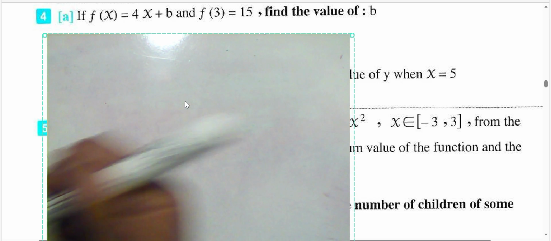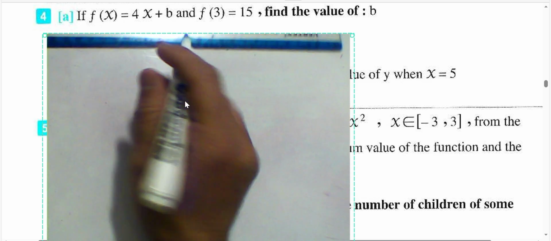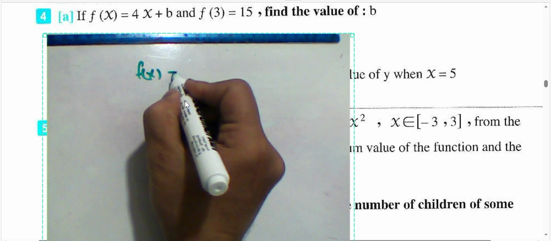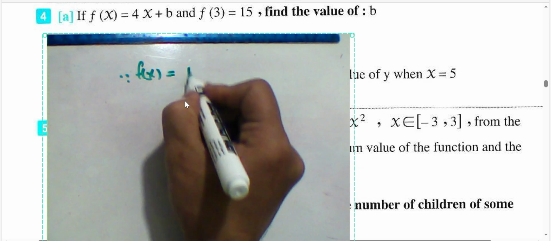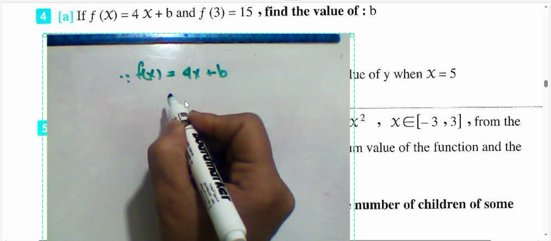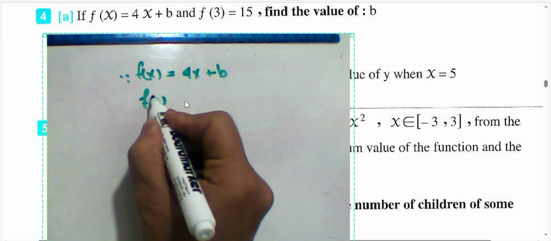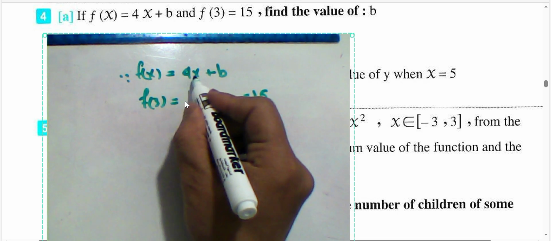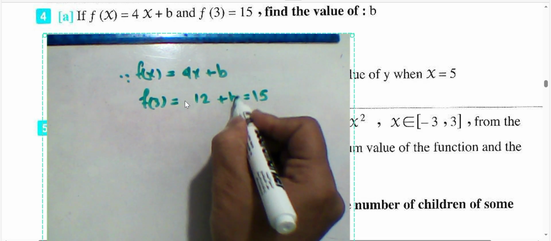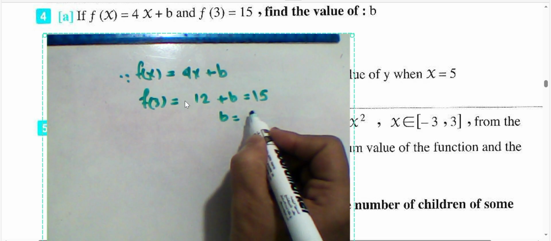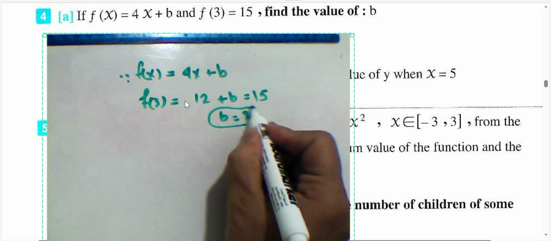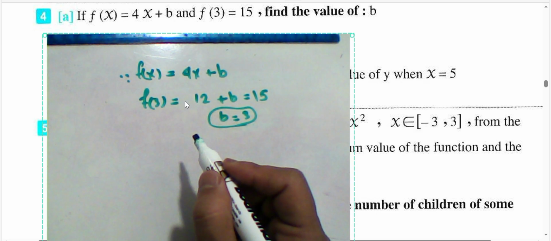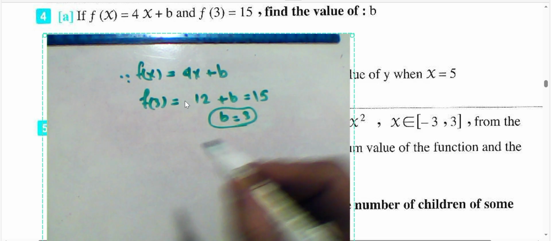Okay, first step, we have f of x equals 4x plus b, and f of 3 was equal to 15, with the value of x here equal to 3. 3 times 4 equals 12, 12 plus b equals 15, then the value of b equals 15 minus 12, which is 3.